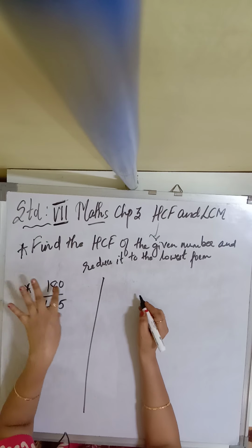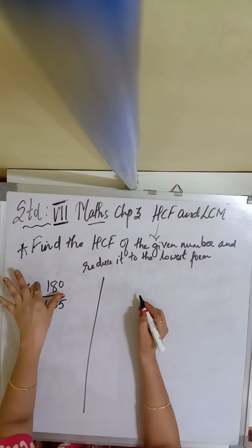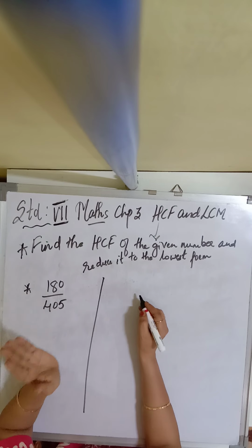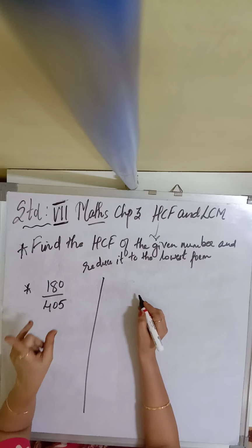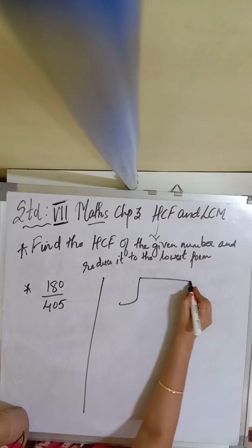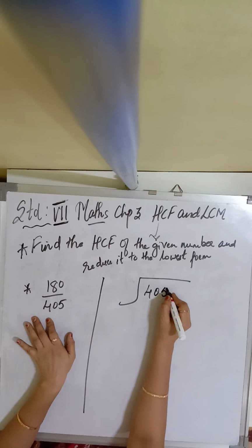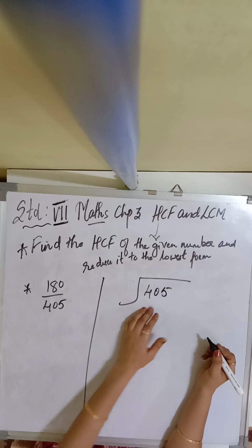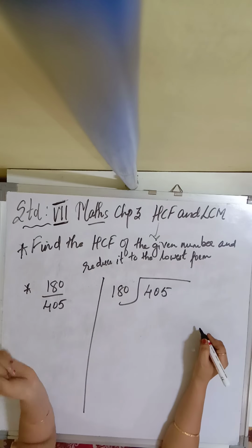Usually, children, we divide the numerator by the denominator. But when we are finding HCF, whichever number is greater will become your dividend and the smaller number will become the divisor. Here your bigger number is 405, so this will become your dividend, and your divisor will be 180, the smaller number.